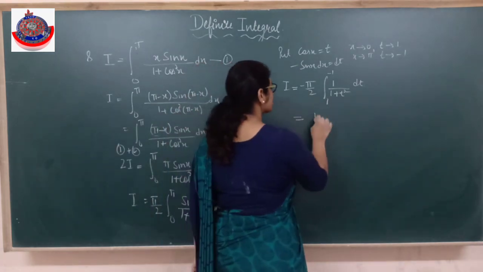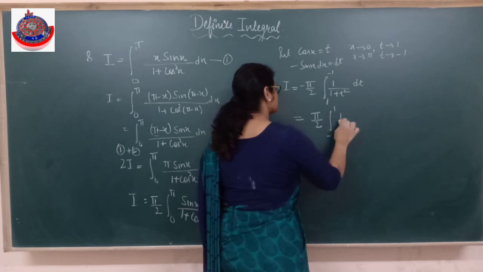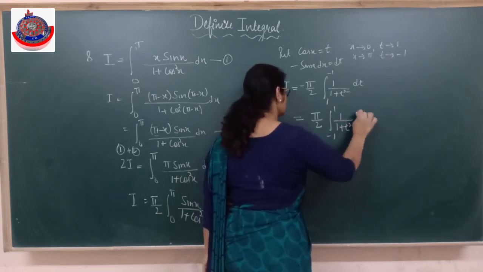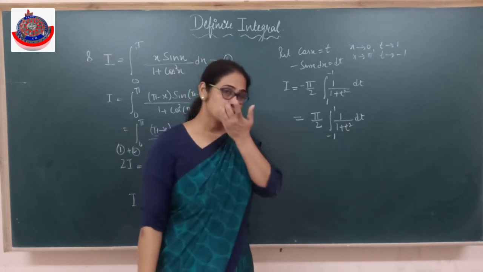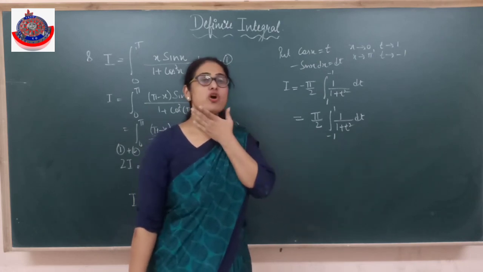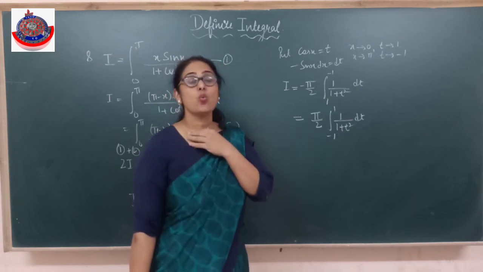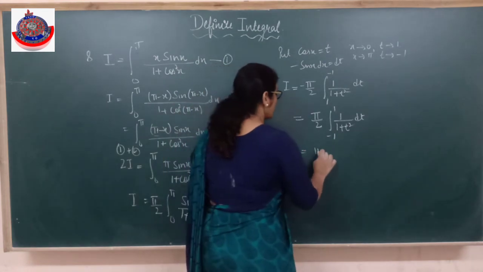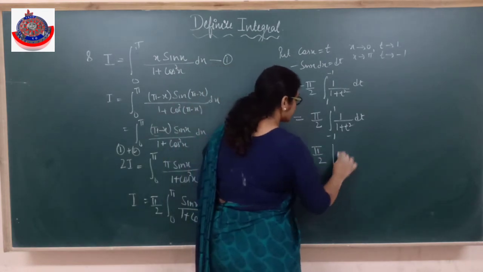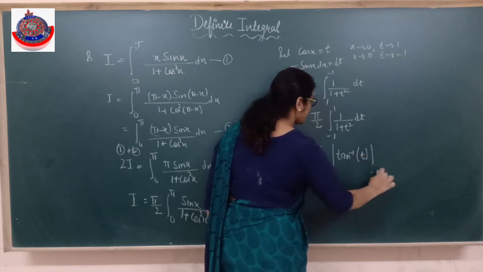So this minus will be adjusted with it. What is the integration of 1 upon 1 plus t square? Remember the form? 1 upon x square plus a square is 1 by a tan inverse x by a. 1 by a is 1, no need to write it. Tan inverse x by a.